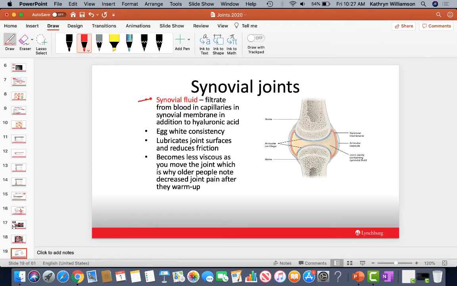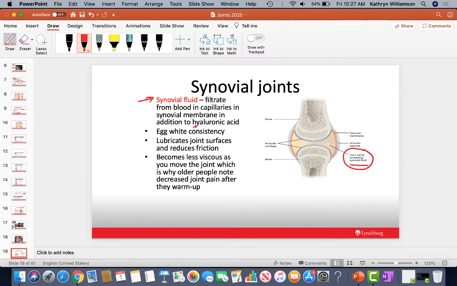Synovial fluid, we talked about that being secreted by the synovial membrane, and it's basically about the consistency of egg whites. So it's a substance that's filtered from the capillaries that are present in that synovial membrane.